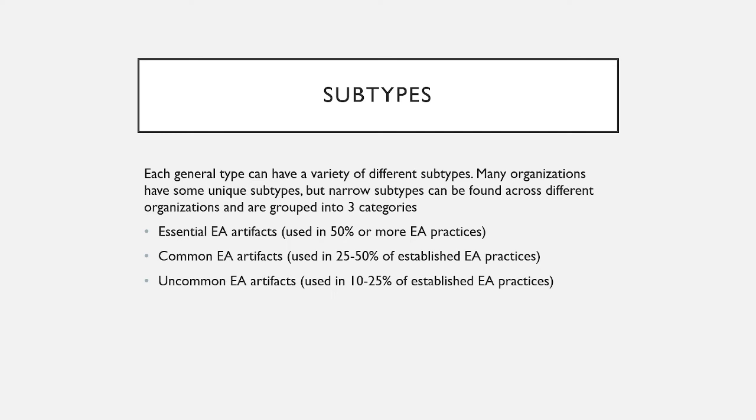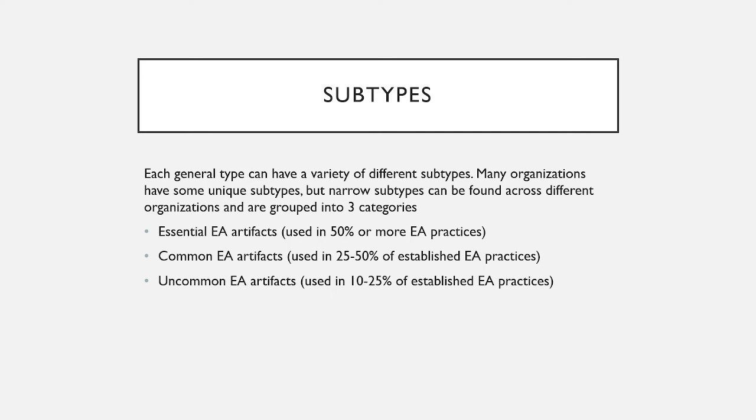Essential EA artifacts, used in 50% or more of practices. These are subtypes that are incredibly common. They are like a cornerstone in most organizations. Common EA artifacts, used in 25 to 50% of established EA practices. You can find them around. They're pretty common, as the name implies.